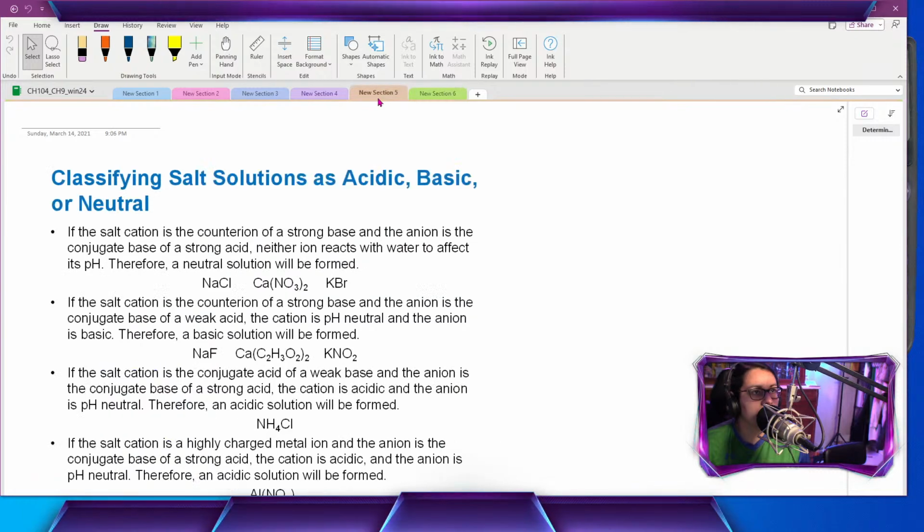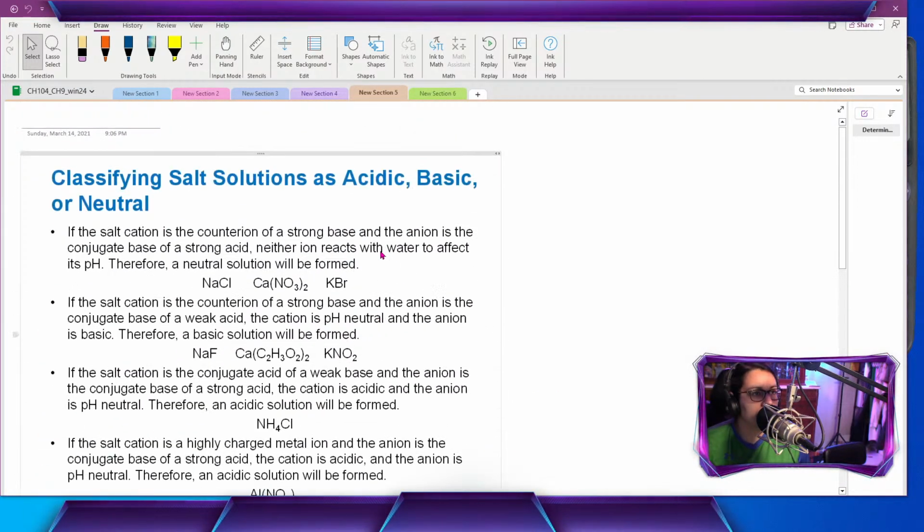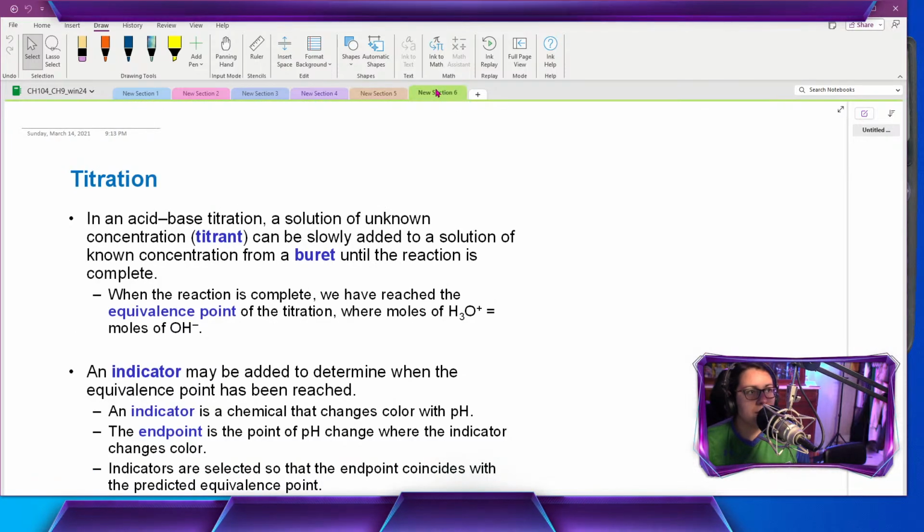All right, so our last bits. So let's go through classifying these salts. And so we kind of talked about it, but we'll go through it. And then the last little bit of this, if we don't get to it today, we'll hit it up on Monday. And actually, let's just talk about it now, because what we'll want to do on Monday is the math.